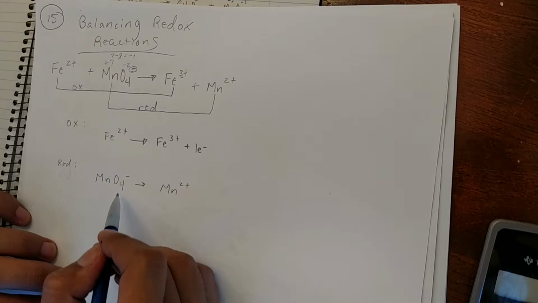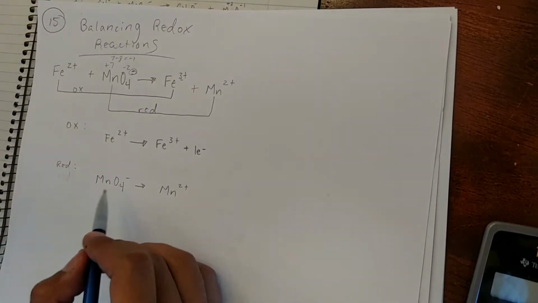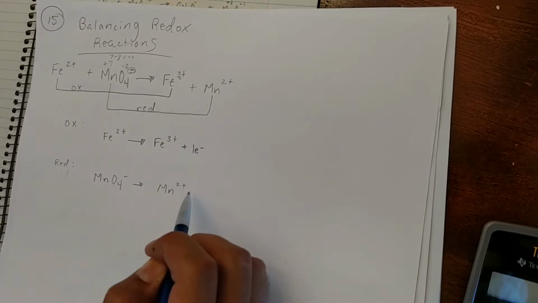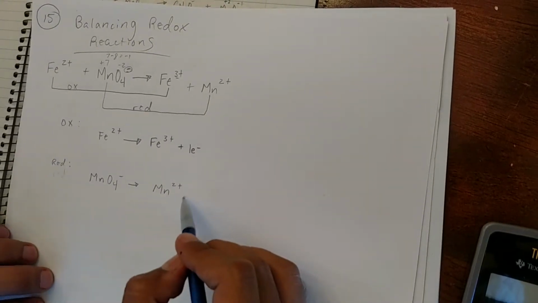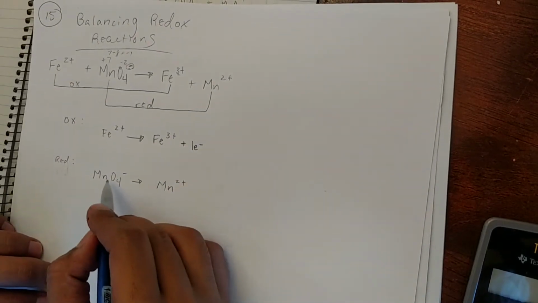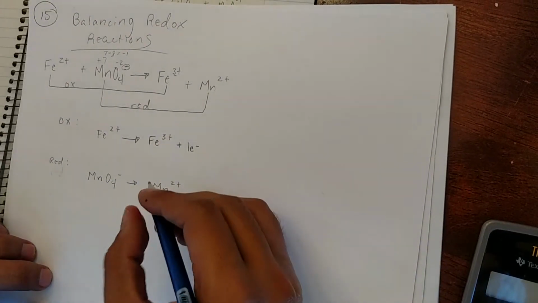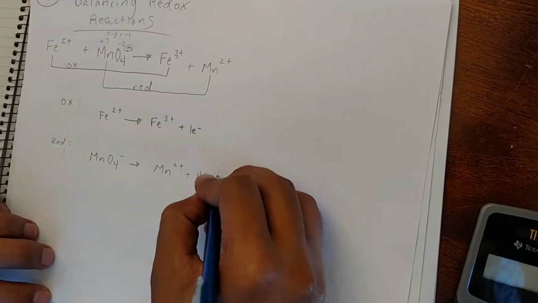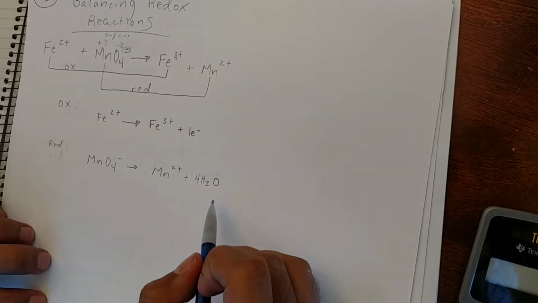Down here, to balance this equation out, we notice that we have MnO4- yields Mn2+. Well, there are no oxygens on the product side, and there are 4 oxygens on the reactant side, so we must add 4 waters on the product side.